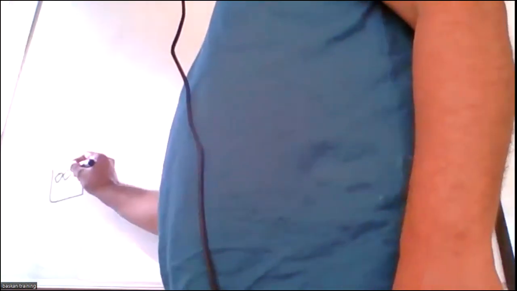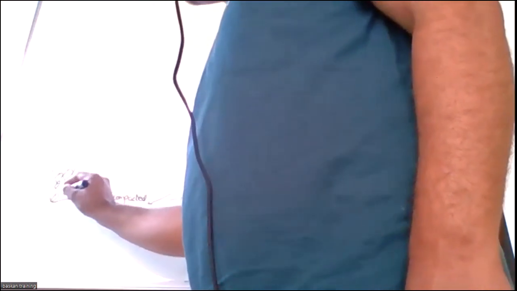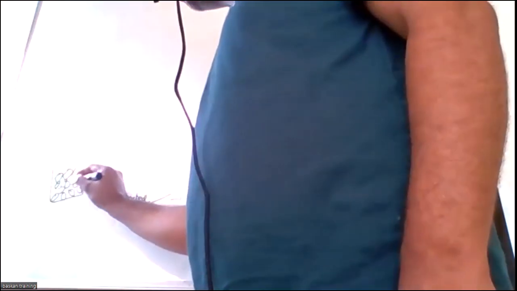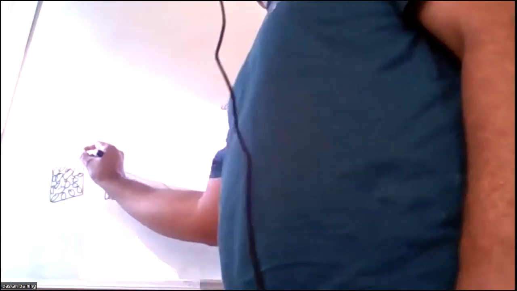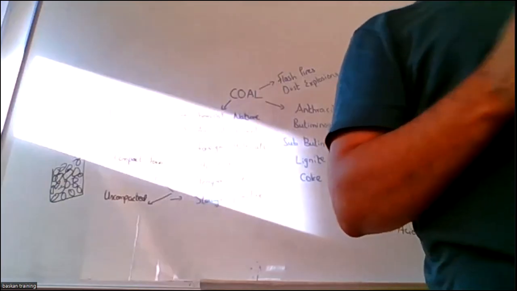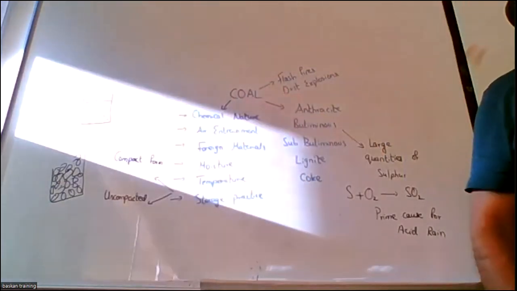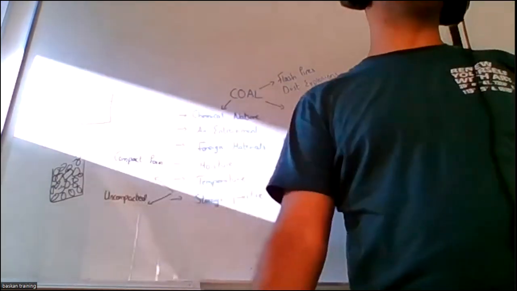In the uncompacted form, we usually have coal of different sizes and different shapes. That is the uncompacted form. Two ways in which the coal can be stored: compact form and uncompacted form.